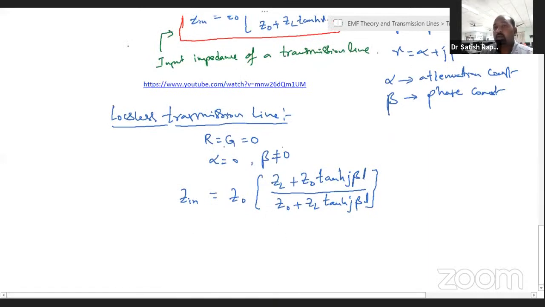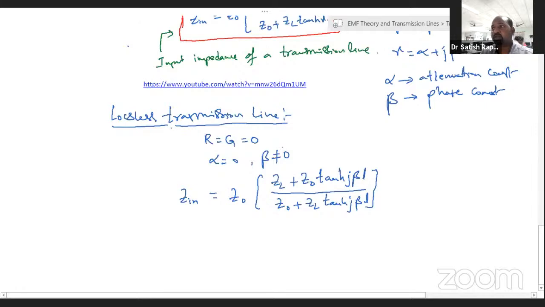So once again, let me repeat it. We have derived the input impedance of a transmission line. Let us consider a lossless transmission line, where the attenuation constant alpha is 0.